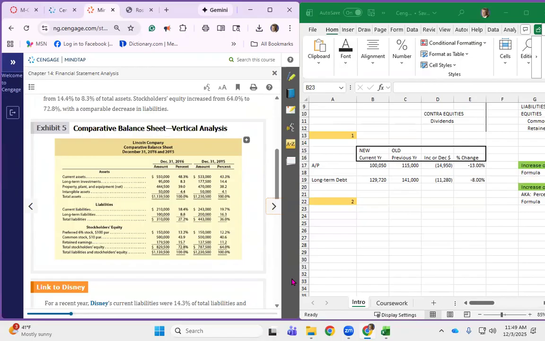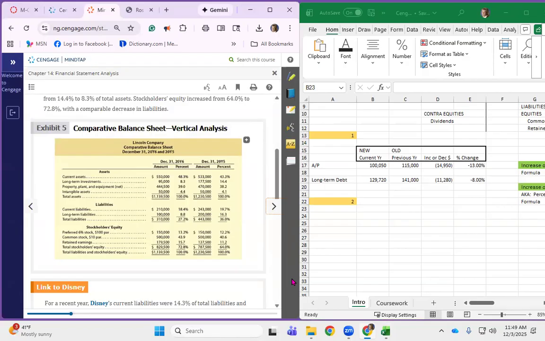Most of the time on a balance sheet, if you're going to analyze it vertically, in this column here, you're going to divide every number by total assets.